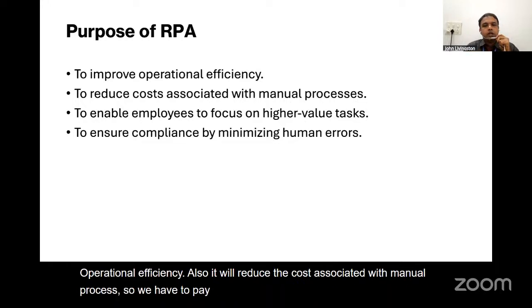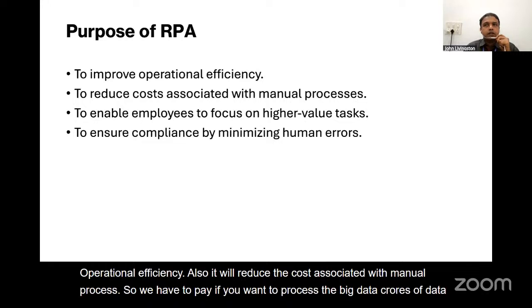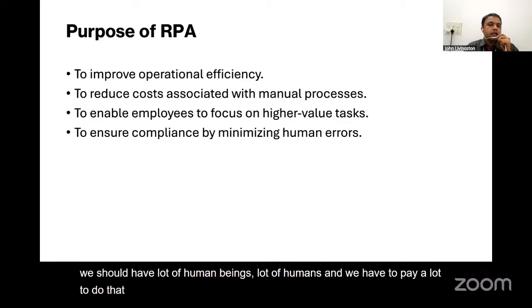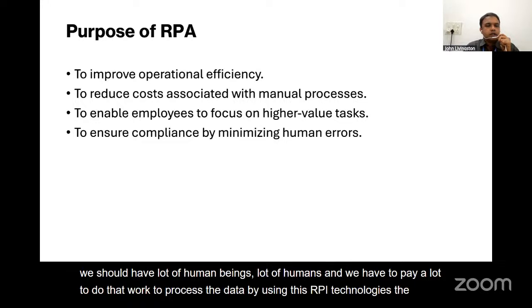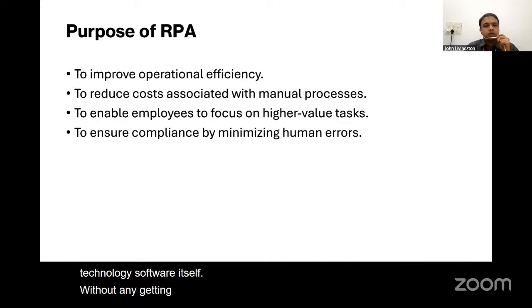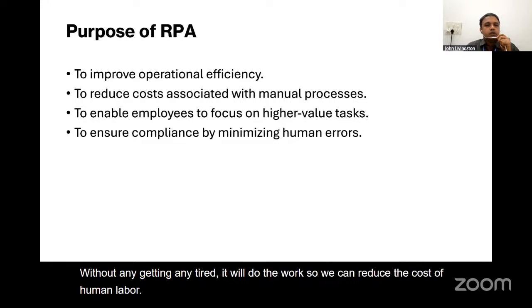If you want to process crores of data, we should have a lot of humans, and we have to pay a lot to do that work. By using RPA, the modern technology, the software itself, without getting tired, will do the work. So we can reduce the cost of human labor.